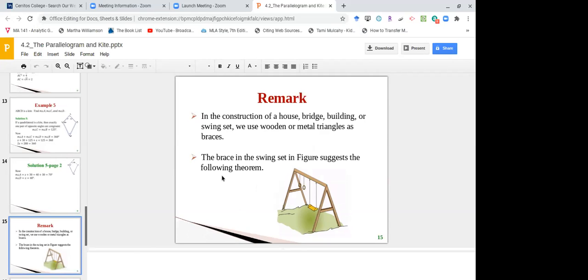When you construct a house or a bridge or a building or anything that needs extra stability, we brace them with triangles.